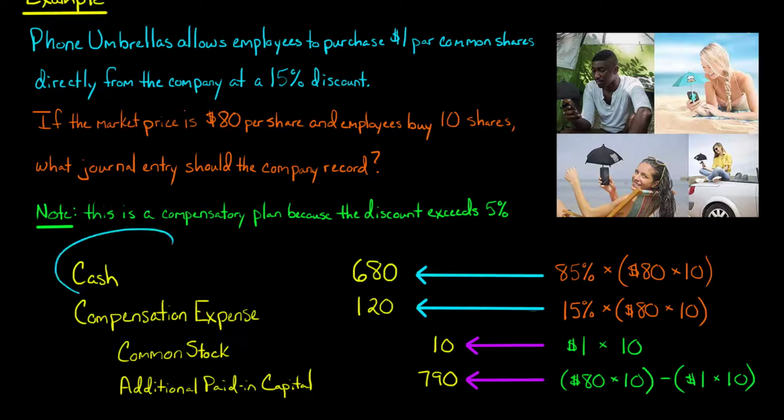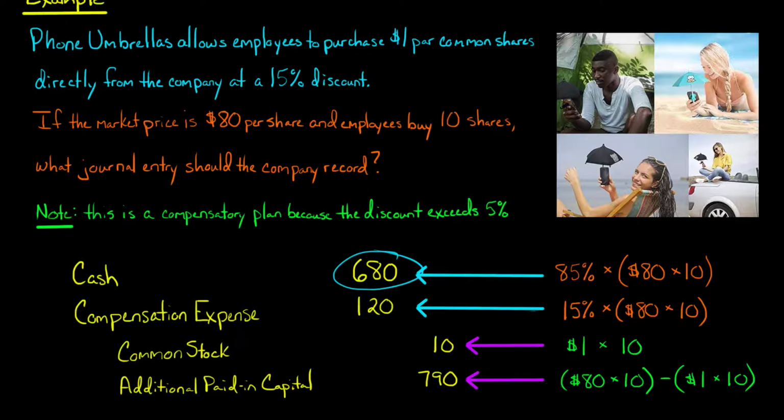So we're going to debit cash for the amount of cash received by the company. Now remember, you might think, well, the market price is $80 a share, 10 shares. Normally, if the employees were just buying those shares on the open market, they'd pay $800. But they're getting a 15% discount. So they're getting a $120 discount. They don't have to pay $800. They're paying $680.